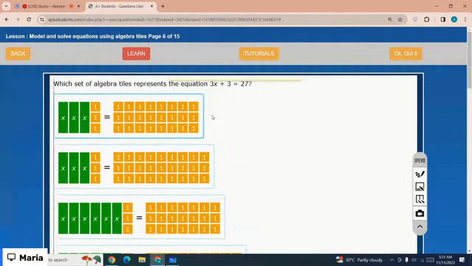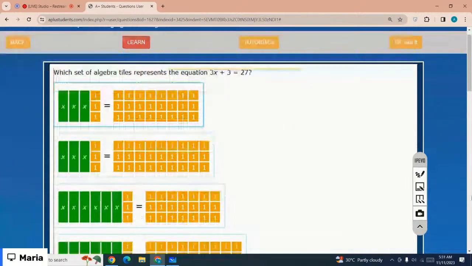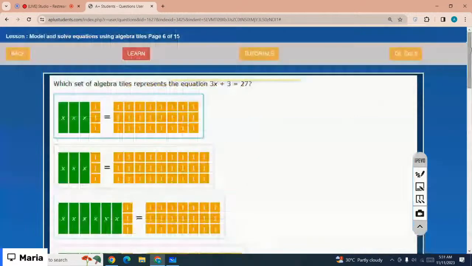So which is the correct option? Okay, the correct option is option B.